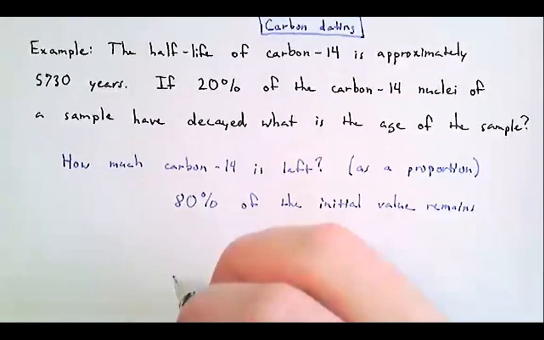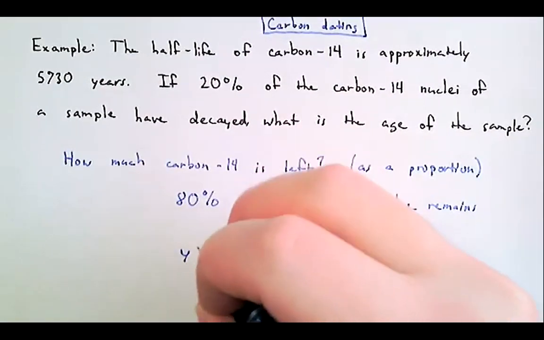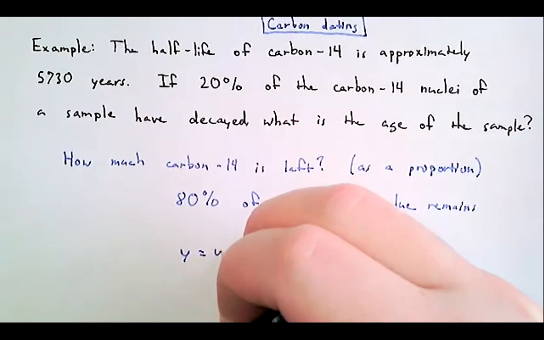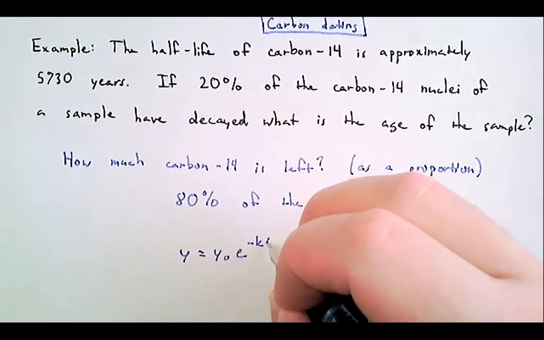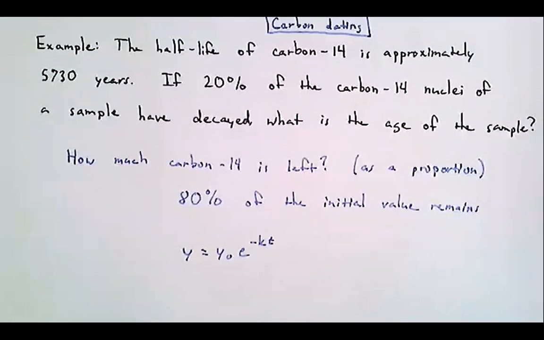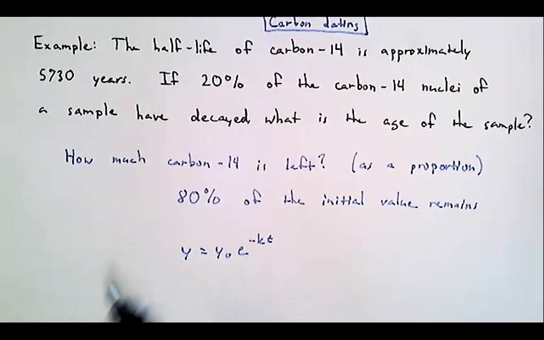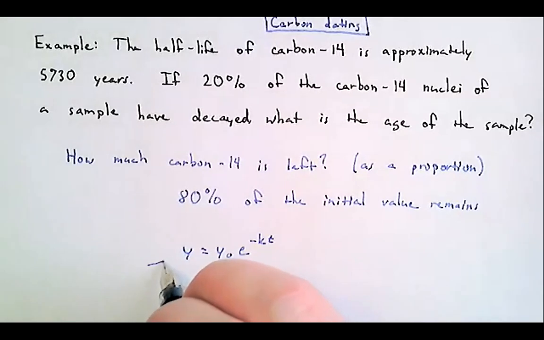So if we're looking at our decay formula, y equals y naught times e to the minus kt power. Remember, y represents the current amount.